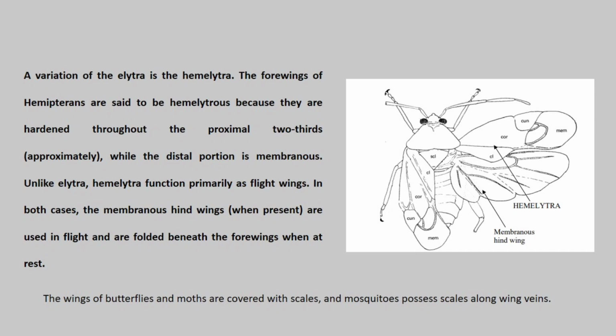Unlike elytra, hemelytra function primarily as flight wings. In both cases, the membranous hind wings, when present, are used in flight and are folded beneath the forewings when at rest. The wings of butterflies and moths are covered with scales, and mosquitoes possess scales along wing veins.